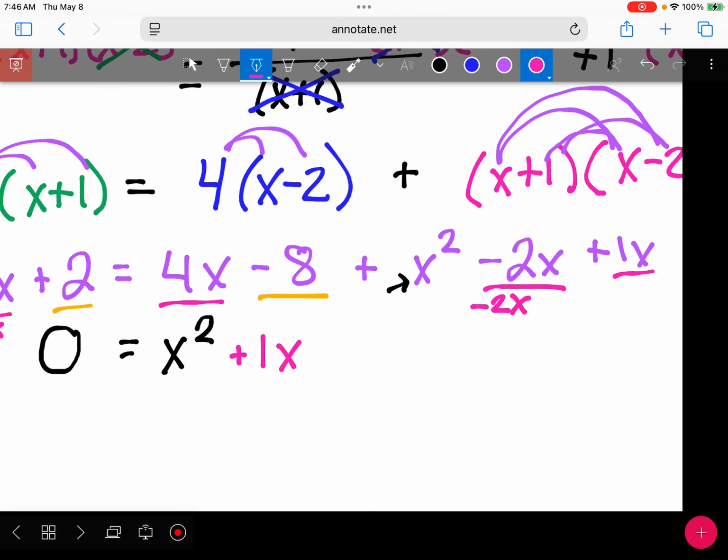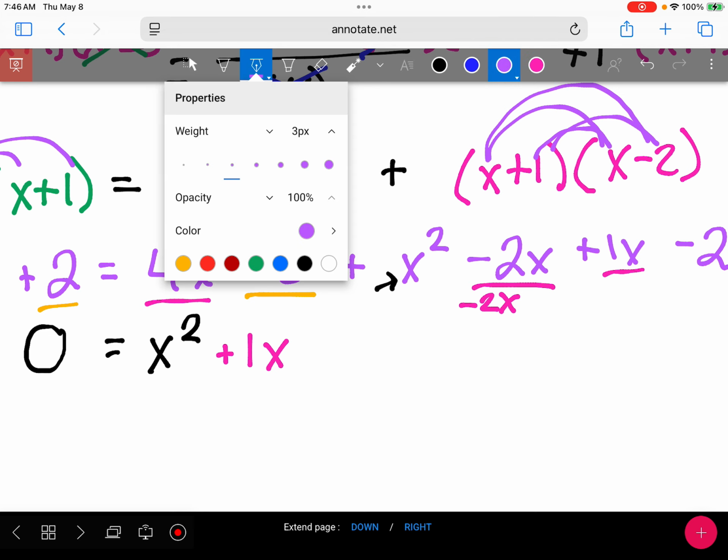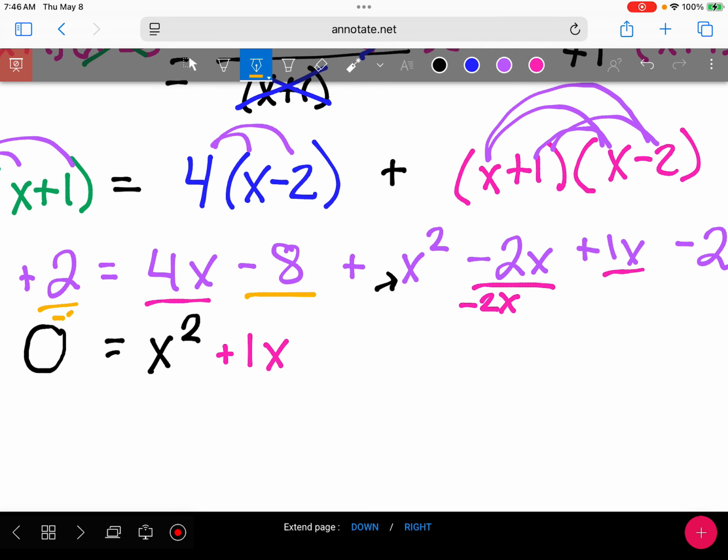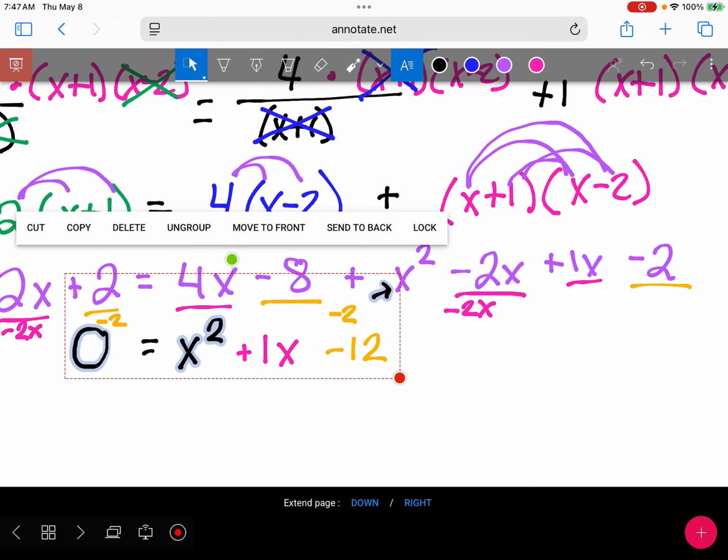So we wind up with a plus 1x. And for our constants, we need to subtract 2 from both sides. So we wind up with our minus 8 minus 2 minus 2, and we get minus 12.